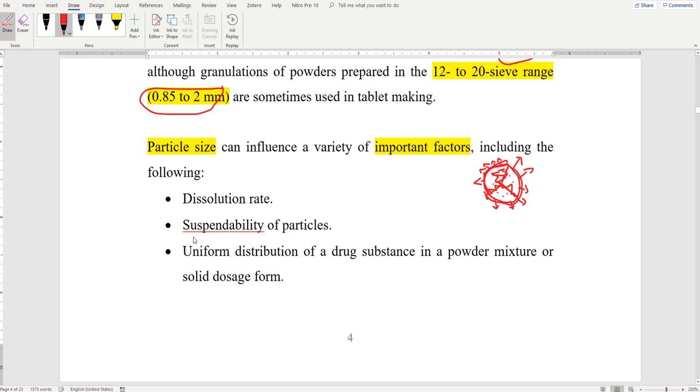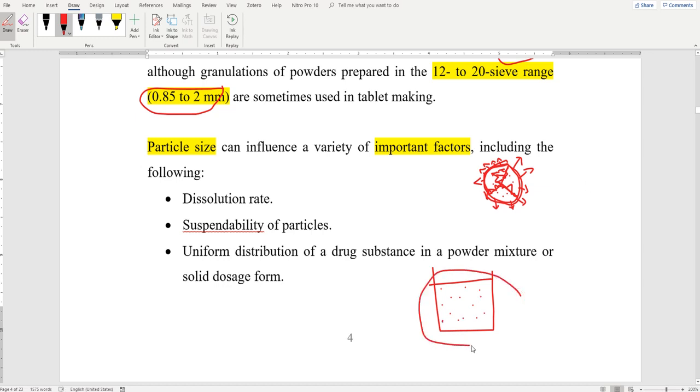Another thing is the suspendability of particles. Imagine that you have a suspension. What does suspension mean? Imagine you have a bottle containing suspended particles. What will happen to these particles?